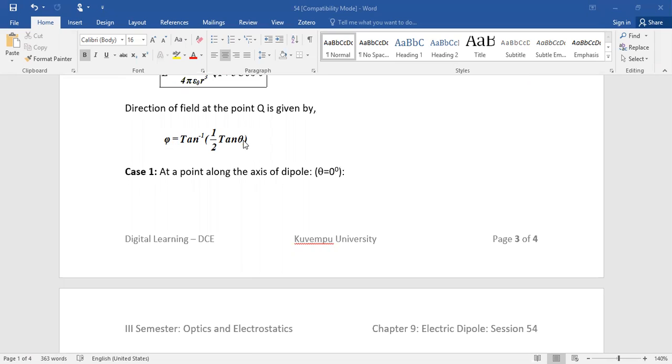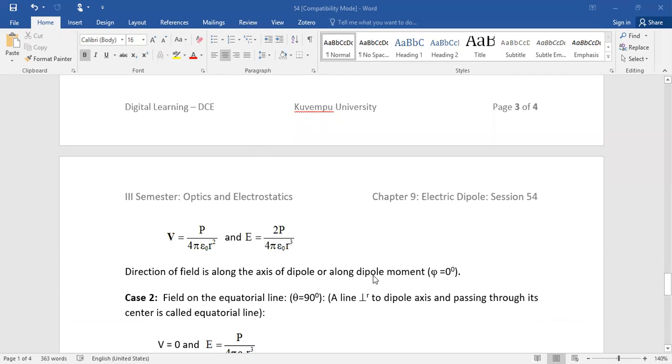Then phi will also be 0. That is, the direction of the field is along the axis of the dipole, or along the dipole moment.